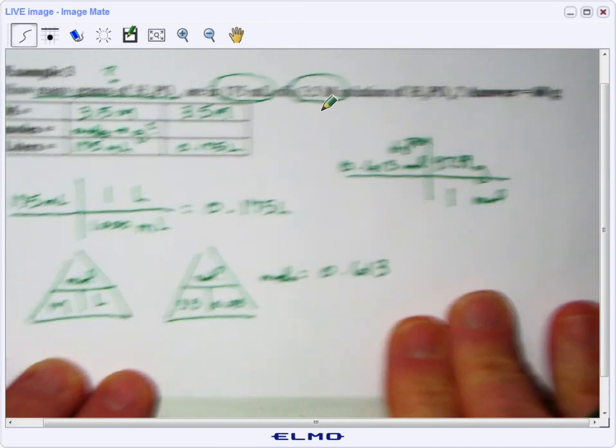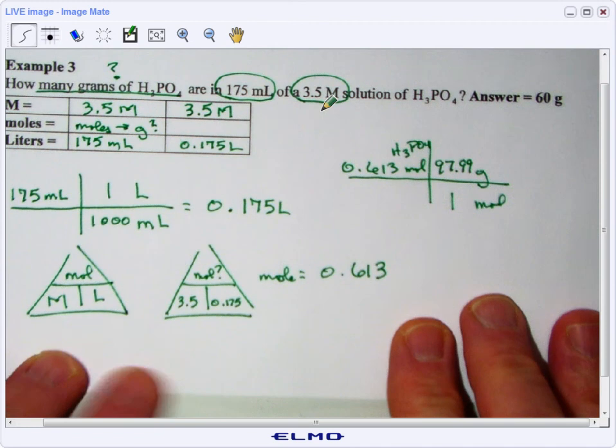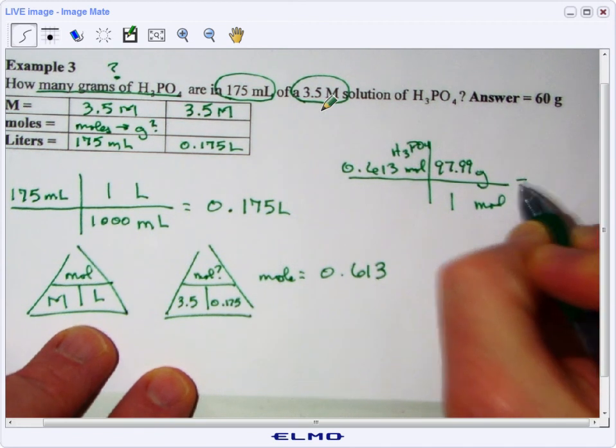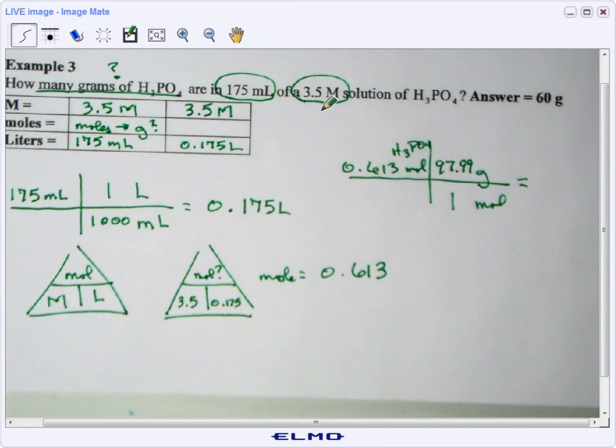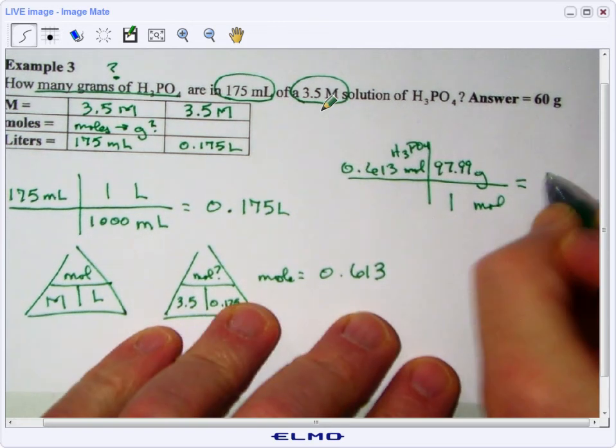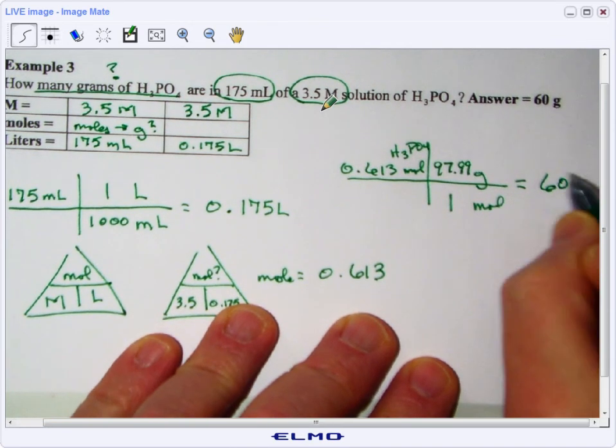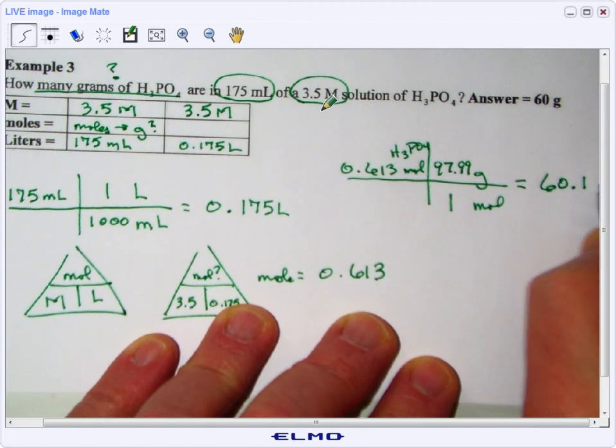Okay. And then that answer becomes 60.1 if we rounded it correctly.